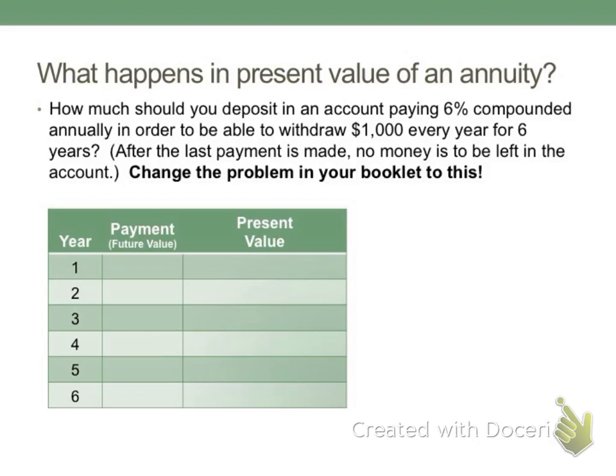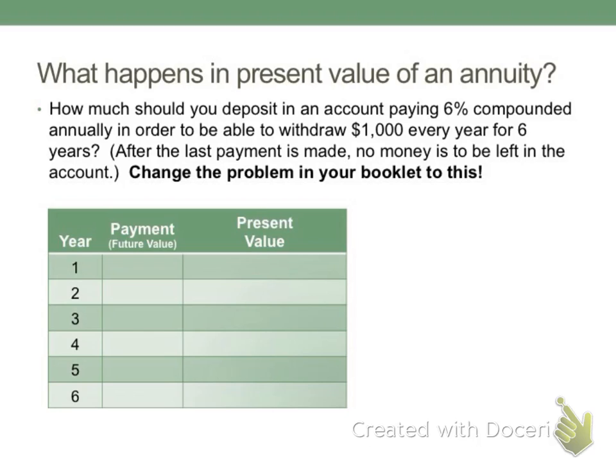And the idea here is to set this up so that after that last $1,000 payment is made, there is no money left in the account. Okay, so pause the video here for a minute if you need to and change the actual problem in your booklet so that it reads like this, because this is what we're going to be doing on this video.